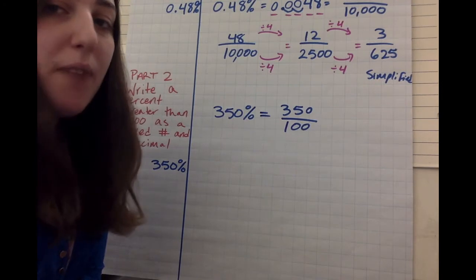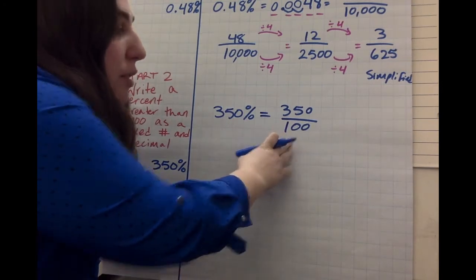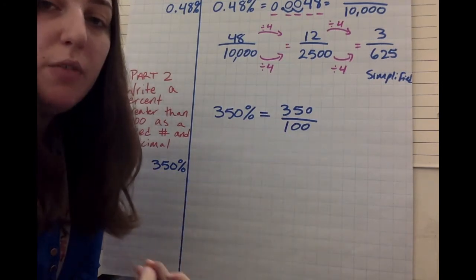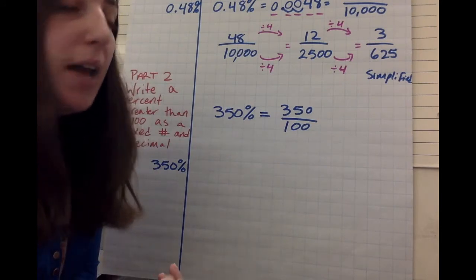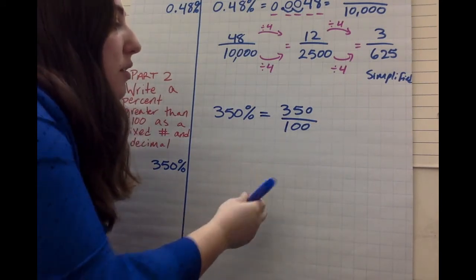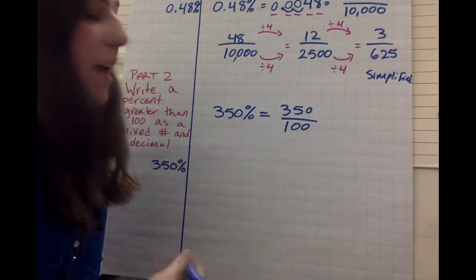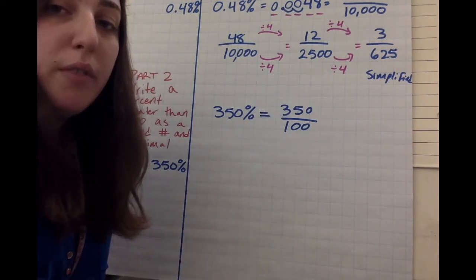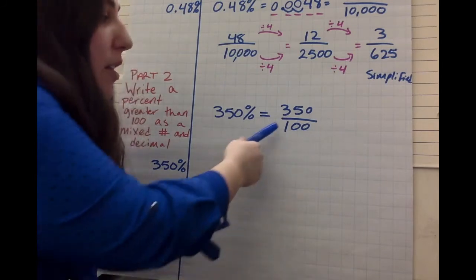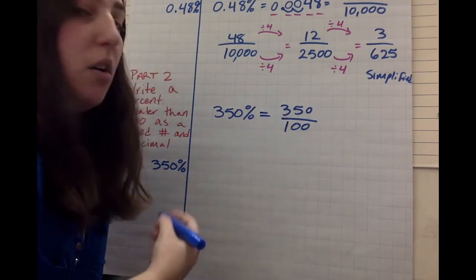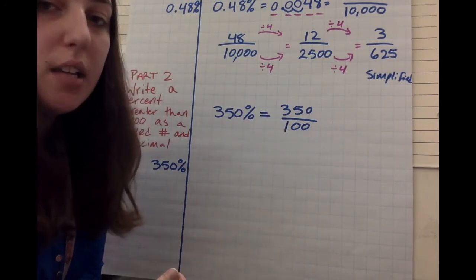Now that I have my fraction, all I want to do is simplify this, because remember, any fraction we have, we need to simplify. Something I notice about these two numbers is that 50 goes into both of them. I'm just noticing one of their common factors so that I can simplify.